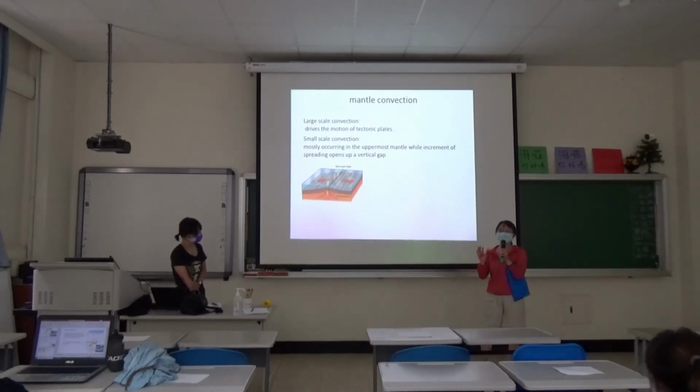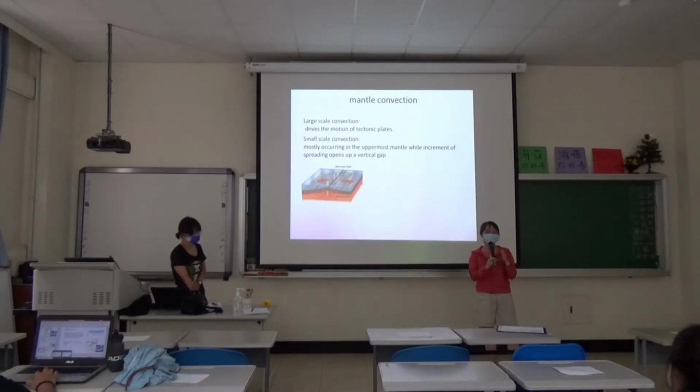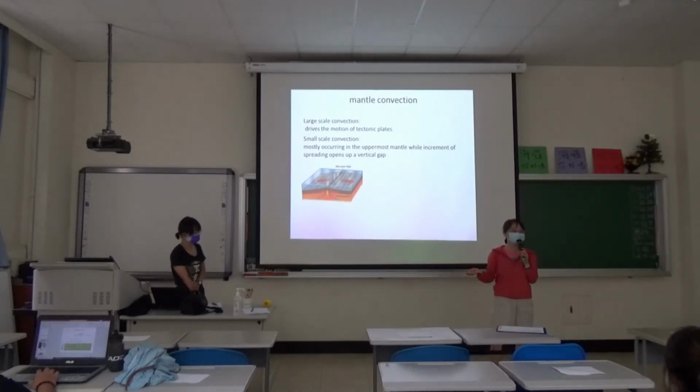Unfortunately, during my past few years, even after my repeated emphasis of this key concept, at the final oral exam the students who get this question always say, oh, the upwelling limb is the ocean ridge.